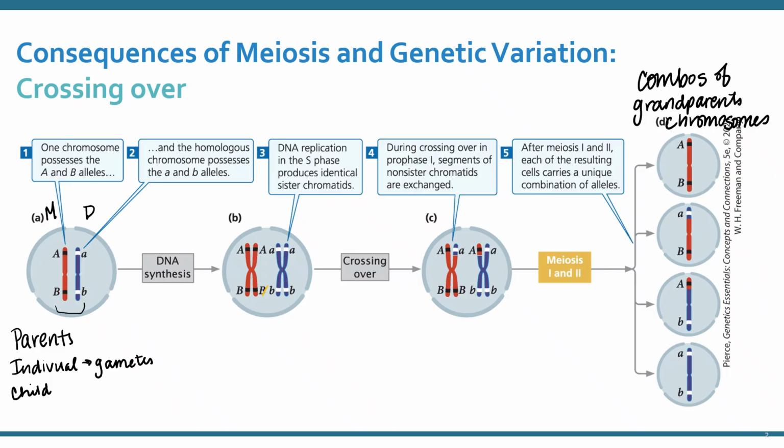And the result is that the outside chromosome is exactly the same as the original maternal chromosome. The inside one is now a combo. These 2 chromosomes in the middle are a combo of the alleles from the parent chromosomes.